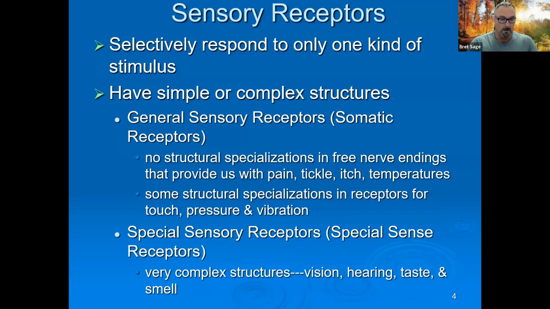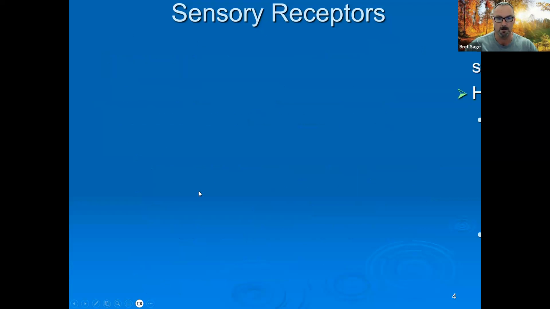Now, some sensory receptors have some structural specializations, in receptors for things like touch, pressure, and vibration. We'll look at that a little bit more in detail later on. The special sense receptors often have very complex structures. The receptors themselves are not necessarily complex, but the structures associated with that sense are very complex. For example, vision, hearing, taste, and smell. A lot more complicated than some of the other somatic receptors.